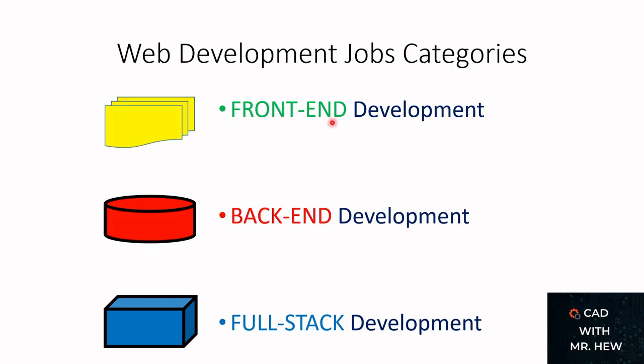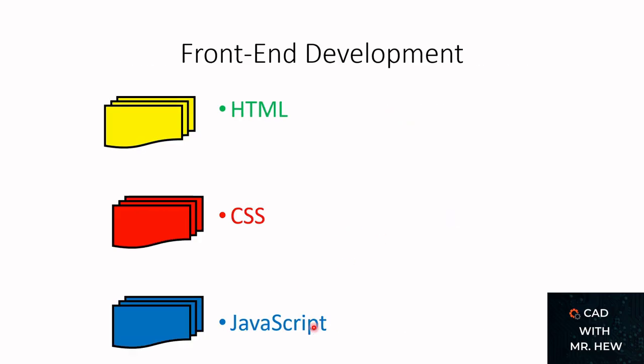So depending on the size of the company and the type of programming that the company specializes in, you could have either a front end developer, a back end developer, or a full stack developer.